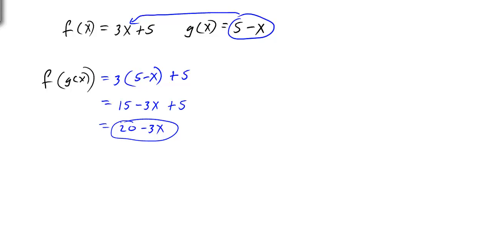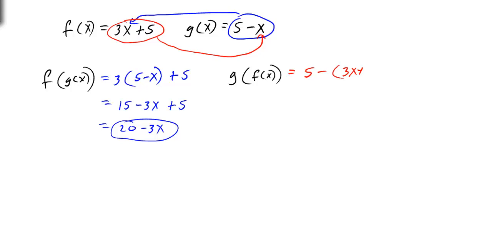Now, what if I went the other direction? What if we wanted to find g of f of x? Now notice the different notation here. If I want to find g of f of x, that means I'm going to take the function f, which is 3x plus 5, and I'm going to substitute that into g over here everywhere we have an x. So we would have 5 minus, well, in place of x, we're going to plug in 3x plus 5.